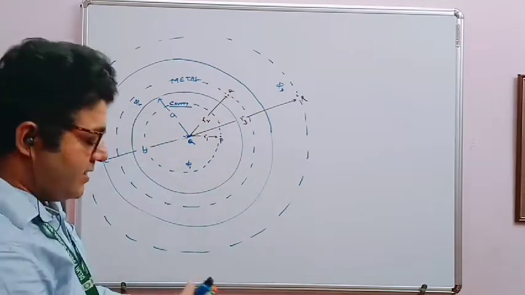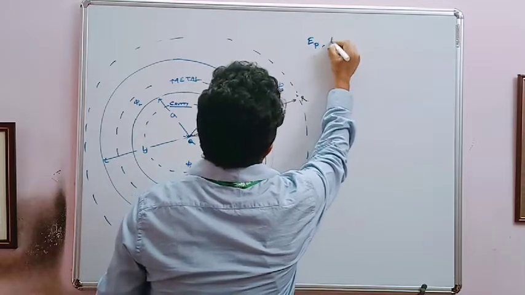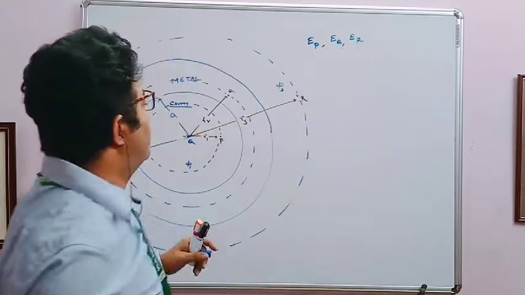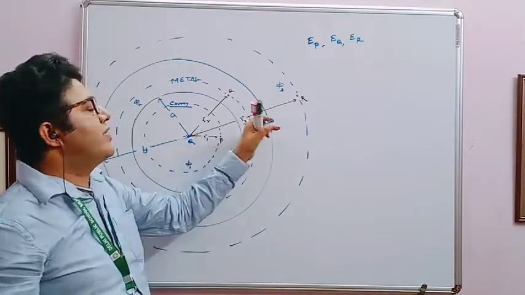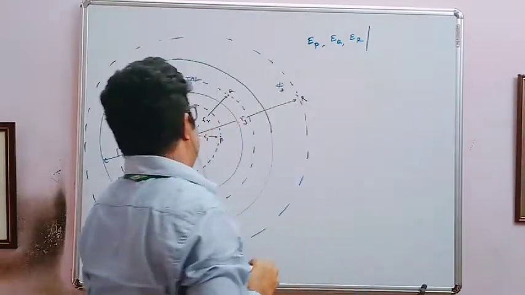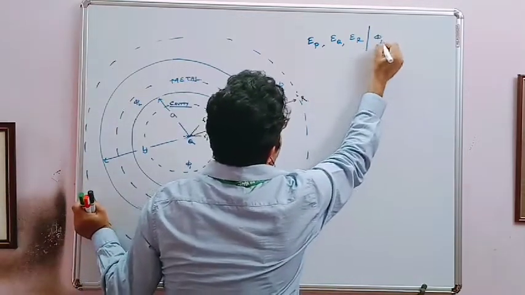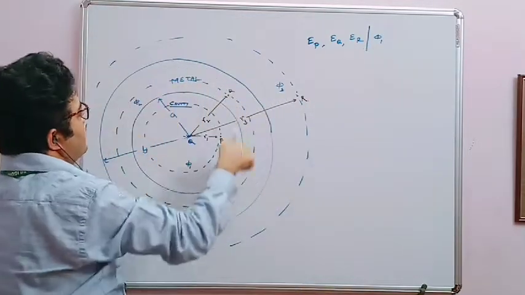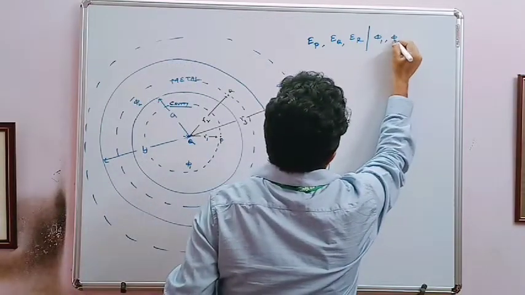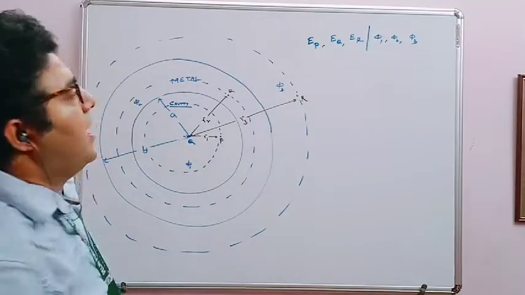The question is, find the electric field at P, at Q, and at R, which are at positions R1, R2 and R3 from the center, as well as find the electric flux by the Gaussian surface phi 1, the electric flux by the Gaussian surface whose radius is R2, and also the electric flux on the Gaussian surface R3.